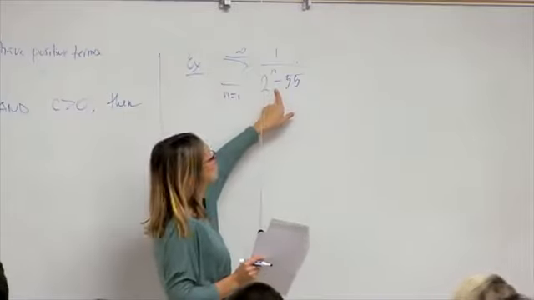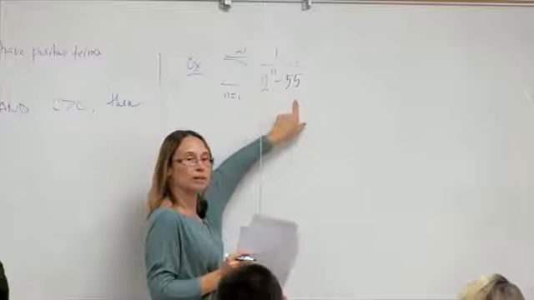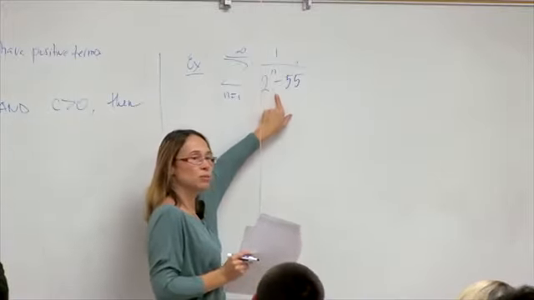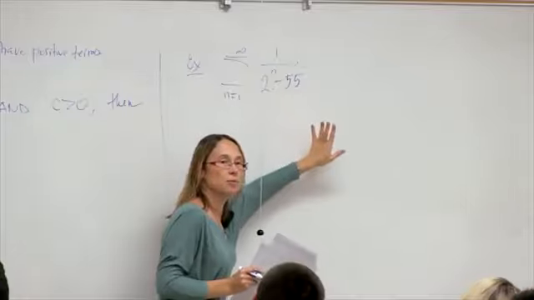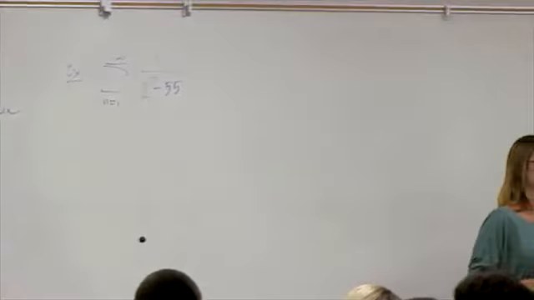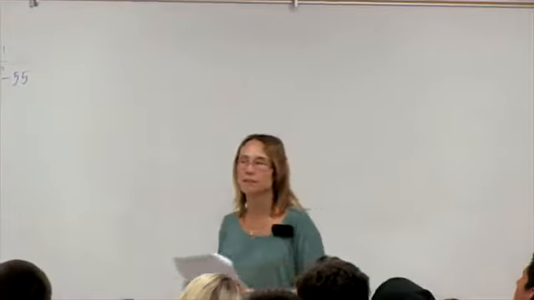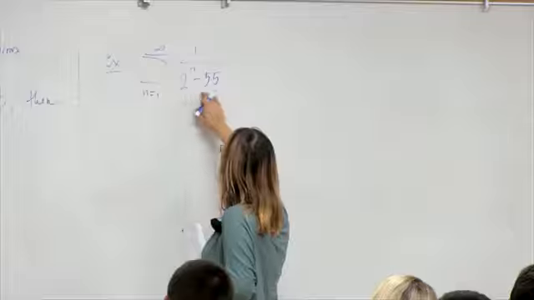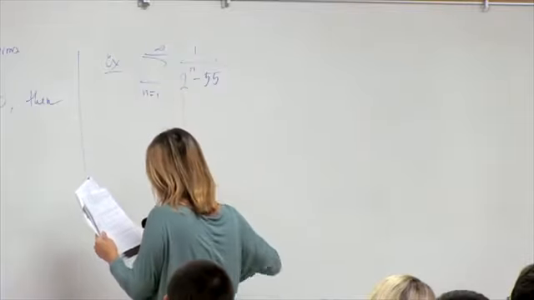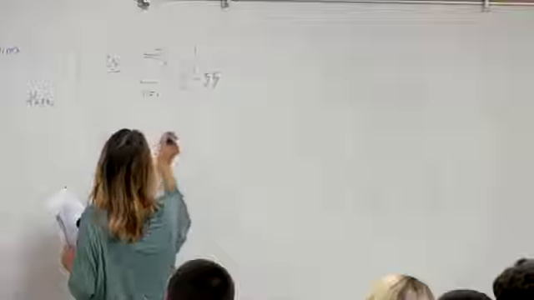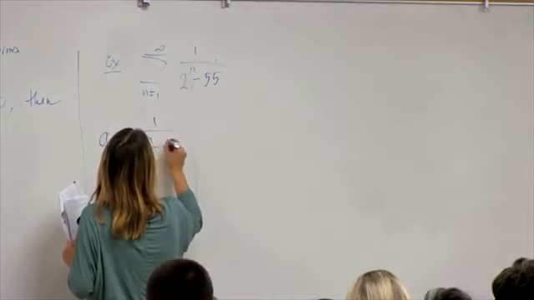For instance, when n is equal to 1, this is 1 over minus 53. But as n becomes large, starting from some value, all the terms become positive, and that's all I need. Again, I only have to worry about the infinite tail, starting from some finite value.